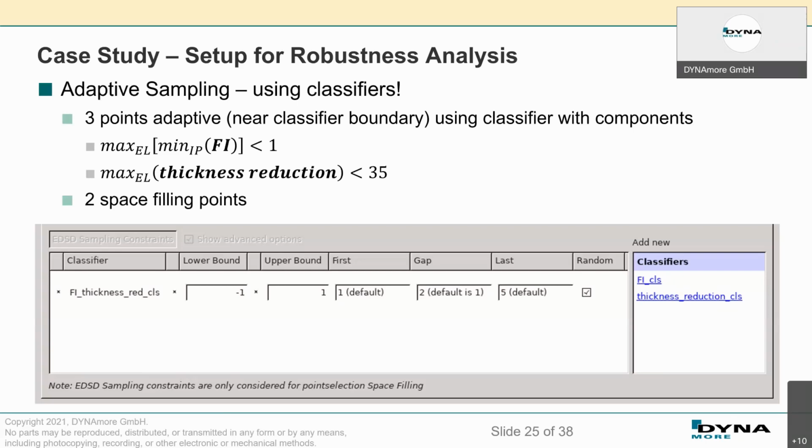And in this case, we do not use all the simulation points for the adaptive sampling because we are interested in the probability of failure of our constraint values, but we are also interested in entities like the mean value and the standard deviation, so the scatter of our response, which is evaluated on the metamodel and maybe not in the vicinity of the constraint boundary.